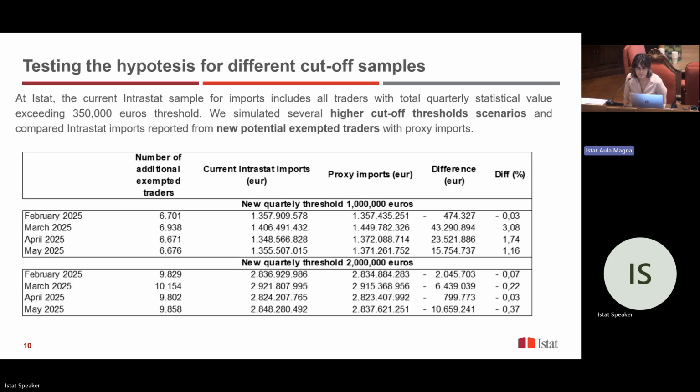You can see the simulation was performed on several months. And this is the number of traders exempted in this hypothesis, and the difference between the proxy import and the current reported Interstat import is very limited, and is even better with the higher thresholds.